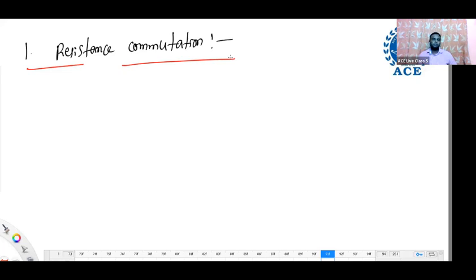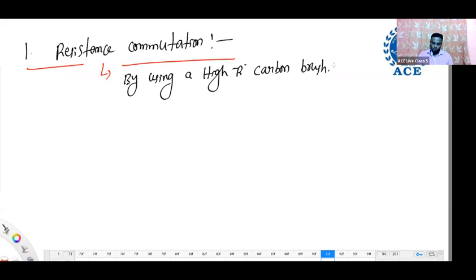I said we are using carbon brush. Having high resistance, it will improve commutation. That is the only point. So resistance commutation is nothing but using a high resistance carbon brush. See, how it is: let us consider the brush is made up of carbon, but not copper.